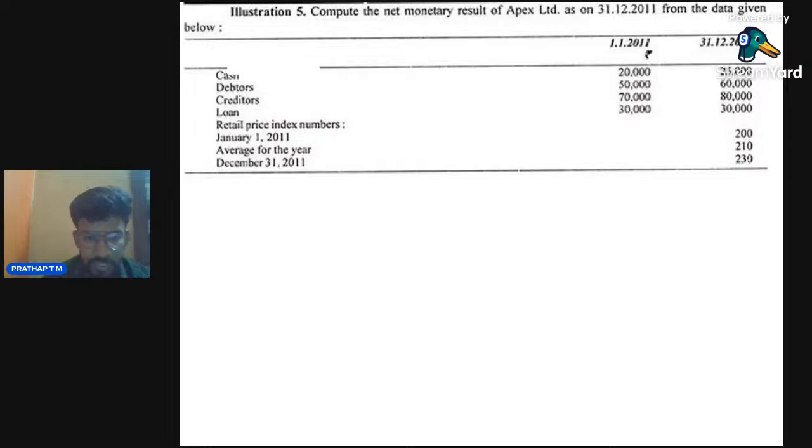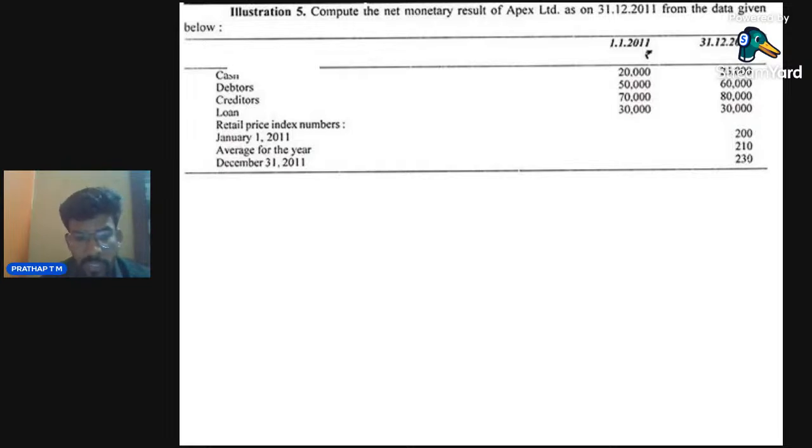15,000, right? We don't know when it was increased, so for that reason we make 230 divided by 210, taking the average. So the value becomes 16,429. Here you should be very careful that this is plus, but 4,500 is minus.